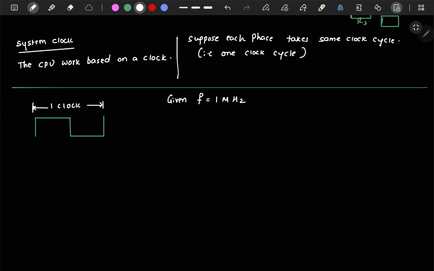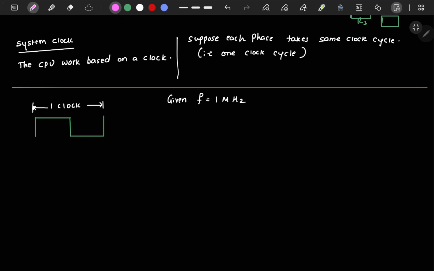If you're not from this background, you might not understand what megahertz means, so we will brush up some concepts. Here, m is written in megahertz. m means mega.